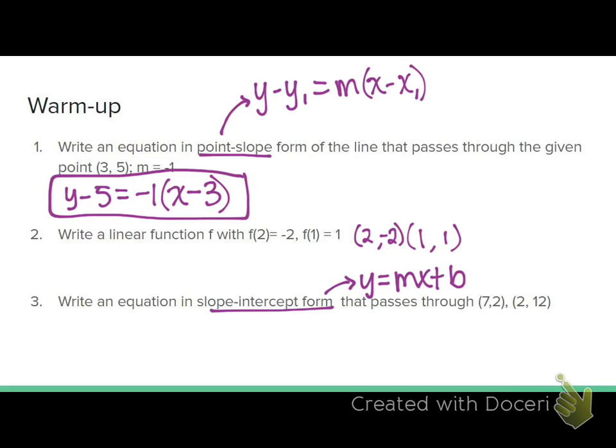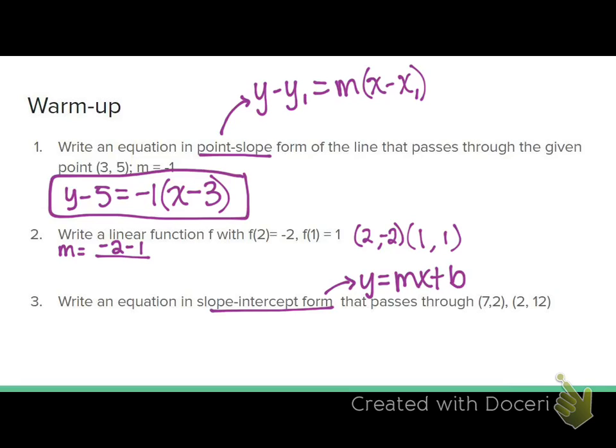We have to use those points to first find what? First step is always to find slope. What is going in the numerator to find our slope? -2 minus 1. The other y value is a 1.